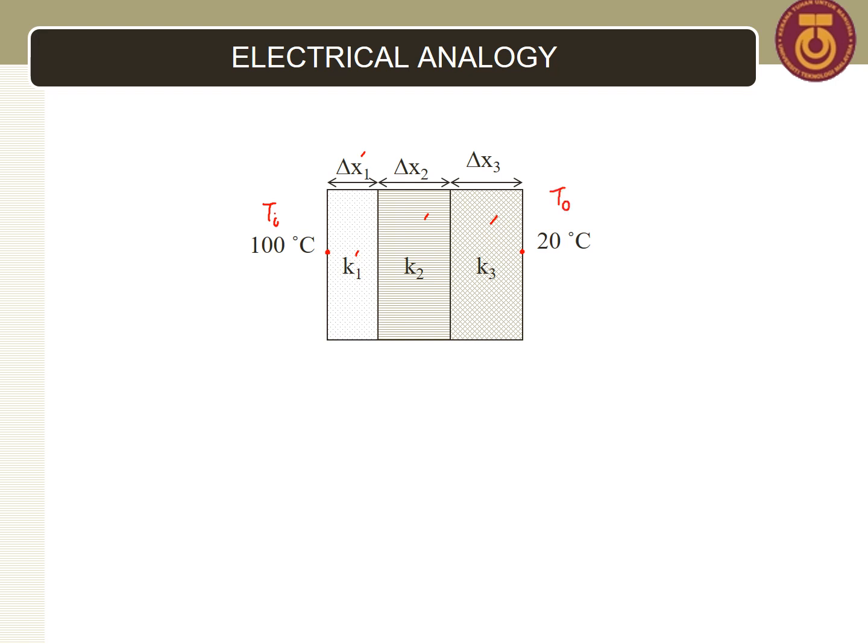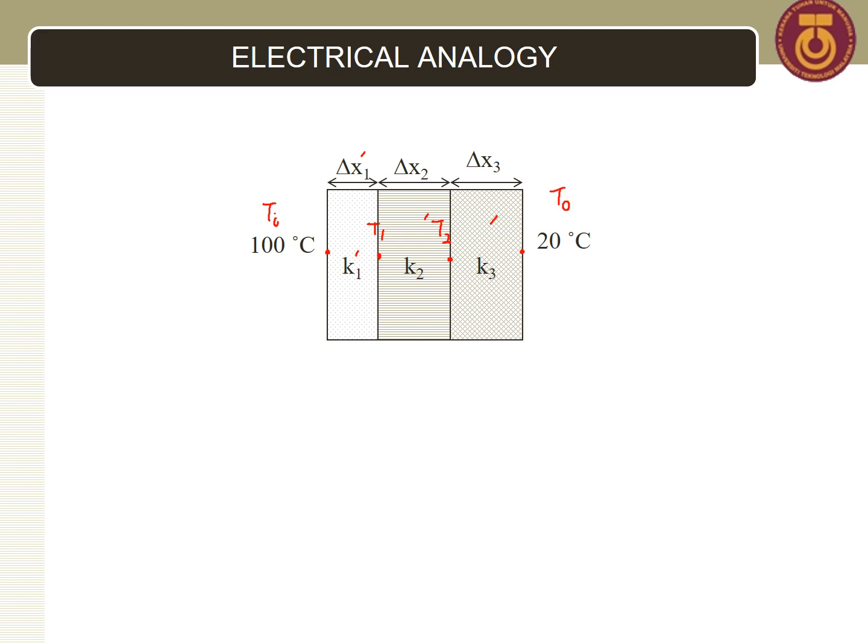Actually you also have temperature on the interface between layer 1 and layer 2, that is T1. Meanwhile, the temperature on the interface between layer 2 and layer 3 is T2. So which kind of system do these three layers belong to?